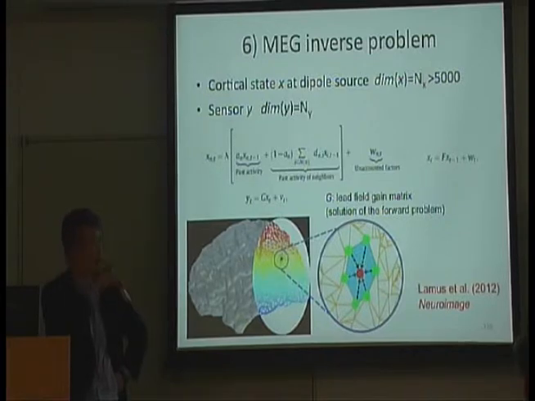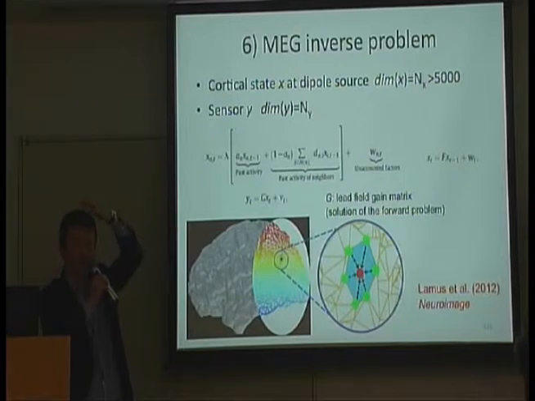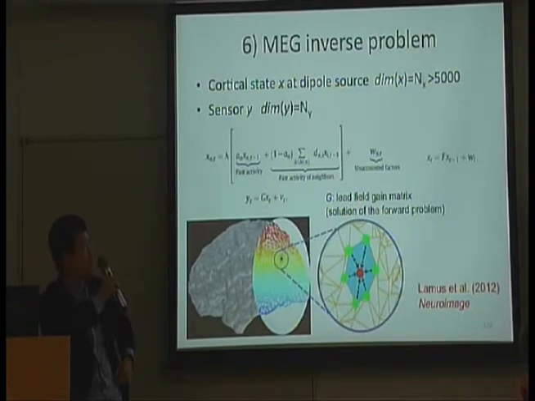It depends on your constraint. For EEG or MEG, you have your observation in sensor space, your channels. You have multi-electrode channel recording from the scalp, either scalp EEG or multi-channel MEG recording.